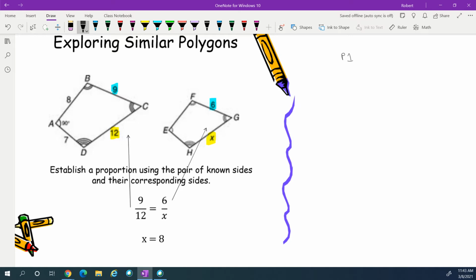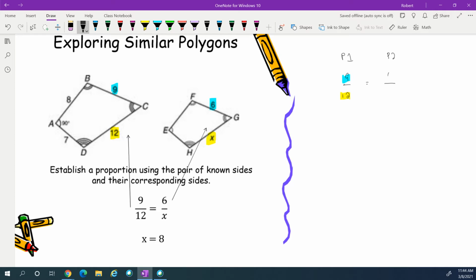So I'm just going to go left to right, 9 over 12. Then from polygon 2, we're going to match that with the corresponding parts.